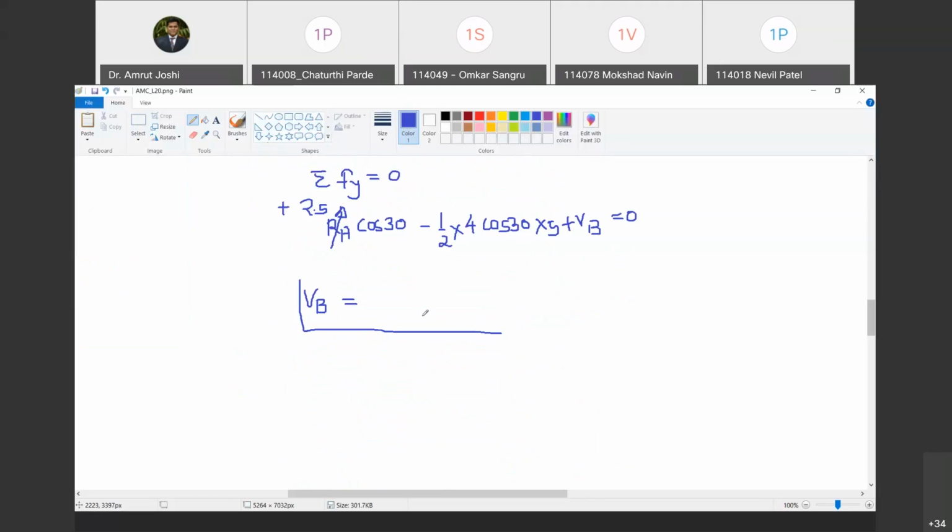So 6.5. Yeah, I am also getting this. So 6.5 kilonewton and positive आया. तो positive आया का इसका मतलब क्या है? Originally assumed sense is correct. Therefore it is upward. Yes. Are you with me? Yes, sir.